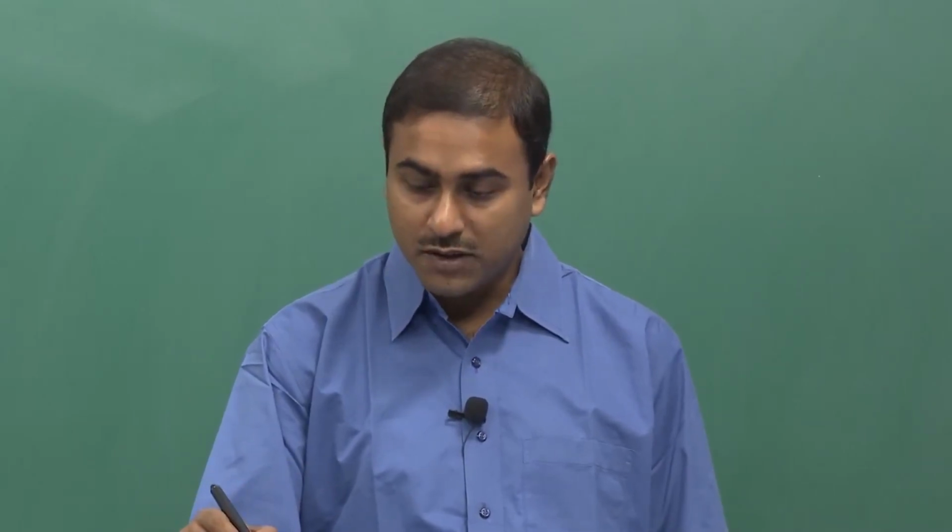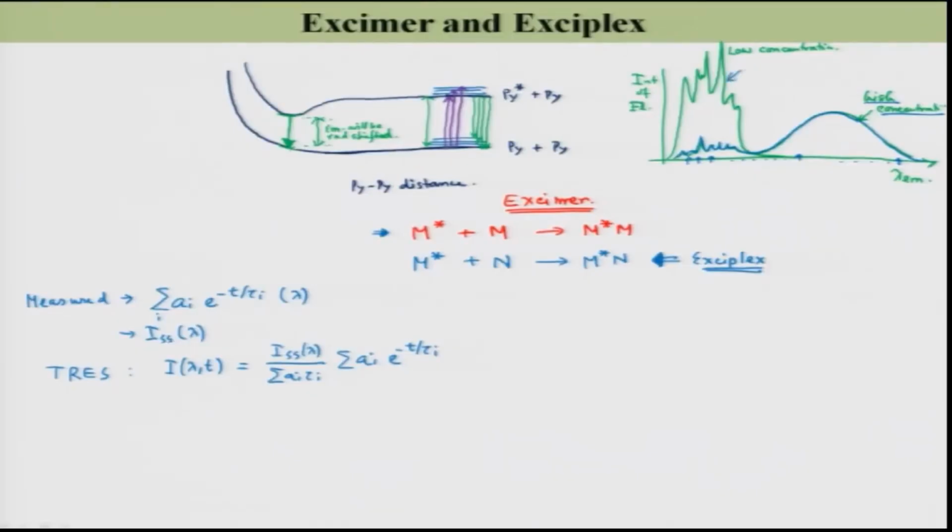This is my monomer, and this is my excimer. So, if you do time resolved studies and then reconstruct the time resolved emission spectrum, then at early time, time t equal to 0, the emission spectrum will be something like this.